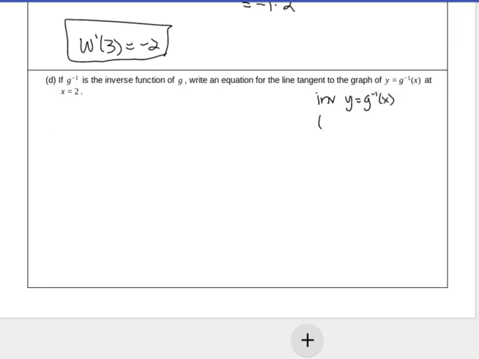And I know that I'm going to be looking at the point 2, something. I don't know that y value yet. But I do know that my original function is g. And I know that when I have an inverse function and an original function, my x and my y, my domain and range, flip. So if my input on the inverse is 2, that must mean that that's my output on my original function.